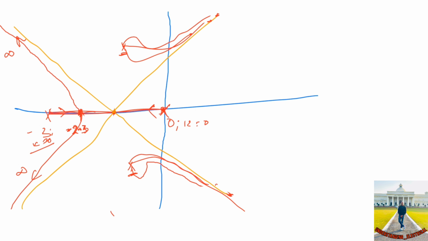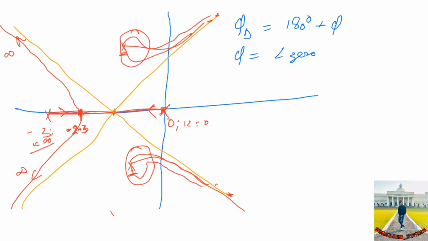But how they are going to leave from here, at what angle, that can be determined by the angle of departure. And the formula of angle of departure is 180 plus phi, where phi is the angle made by zeros minus the angle made by poles to this pole.